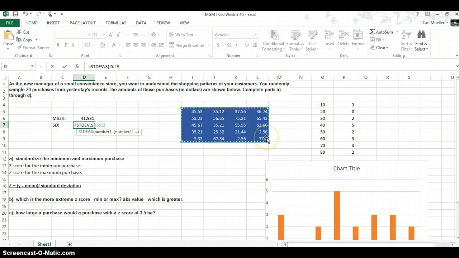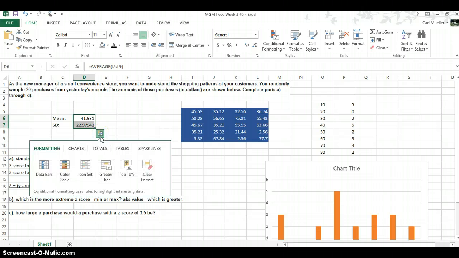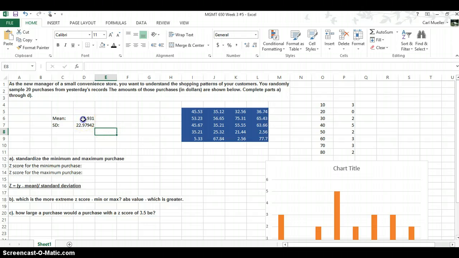We'll do our group again. 22.97, or we could round, and that's another thing I can show you right here: rounding. You right-click and make sure you get these into dollars, so we want to format these.